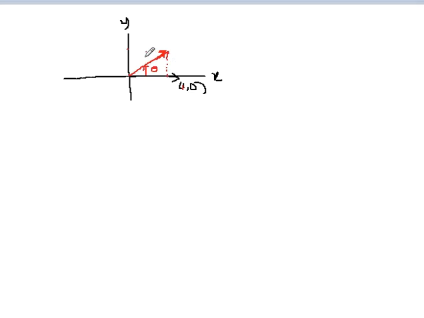Suppose this is r. If there is a vector r, then this component is given by r cos theta, and the vertical component is given by r sin theta.